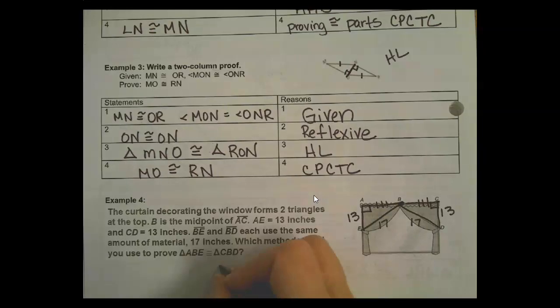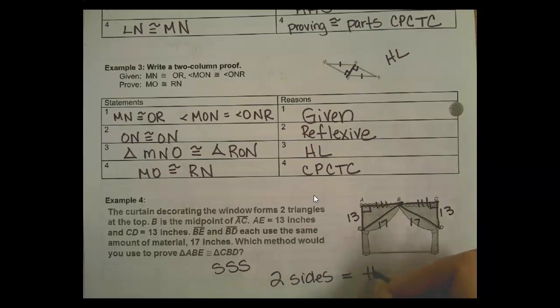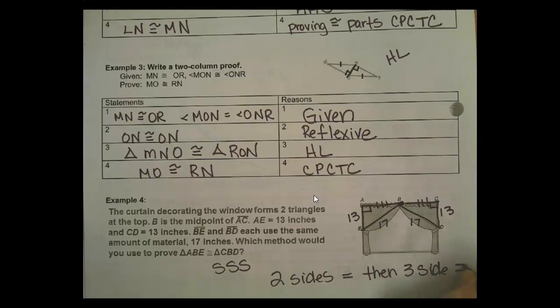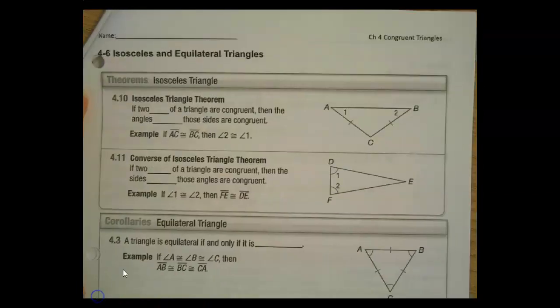So that would be side, side, side, because two sides are equal, then the third side is equal. Do we have more? I think that's it. You think that's enough? Good luck on your assignment. Please ask me questions if you need to.